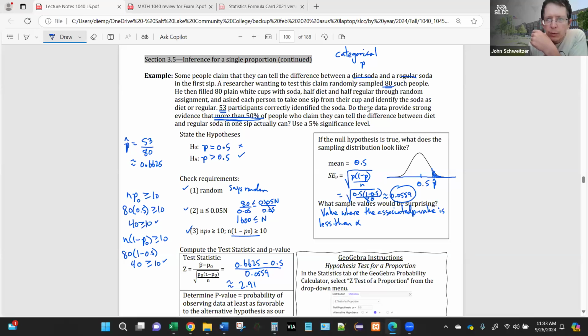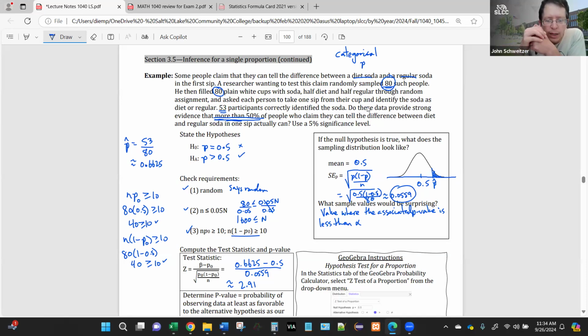Okay, and so they randomly sampled 80 people, and then they had 80 plain white cups. Half of them were filled with diet and half were filled with regular soda. And then using a random number generator, they assigned these 80 cups to the 80 different people. So basically, if you were one of these 80 people, you got a random assignment of either diet soda or regular soda.